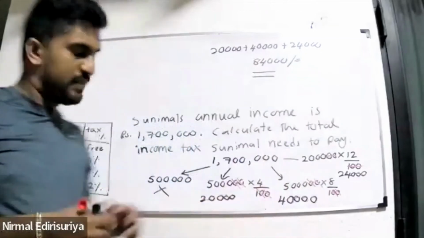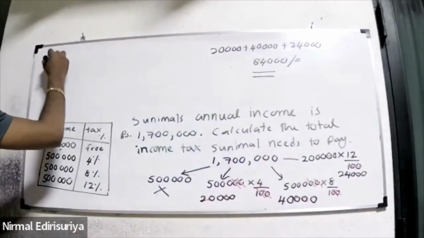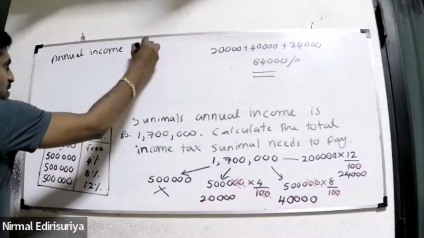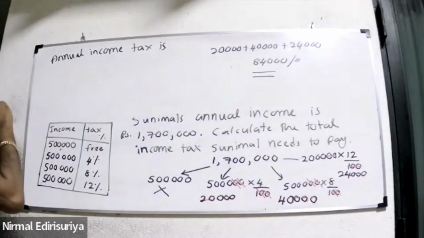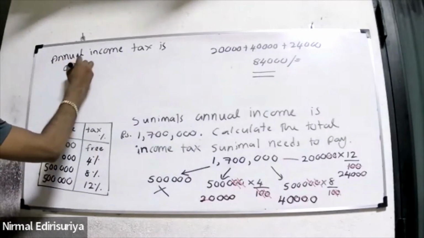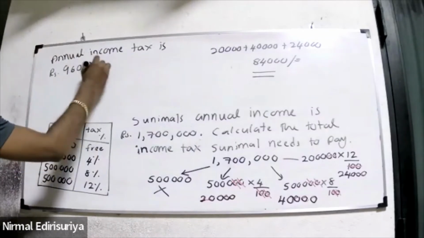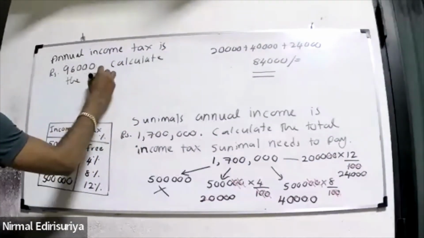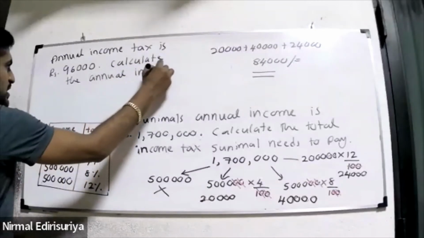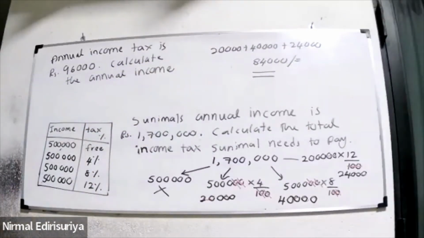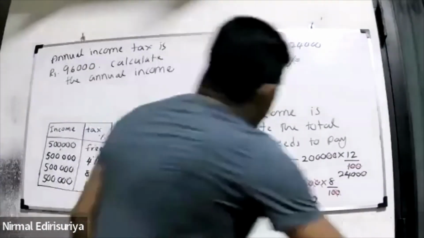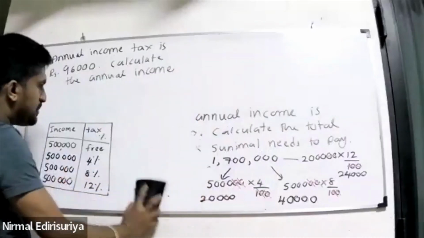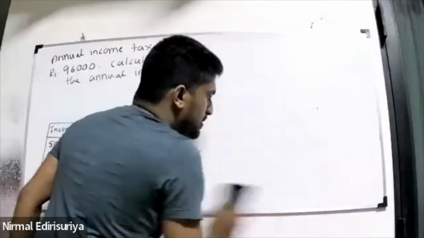They ask the other way around. So they say the annual income tax is 96,000 rupees. Calculate the annual income based on the same table.